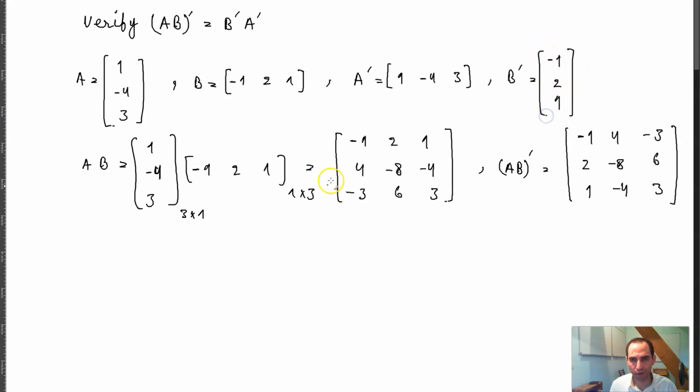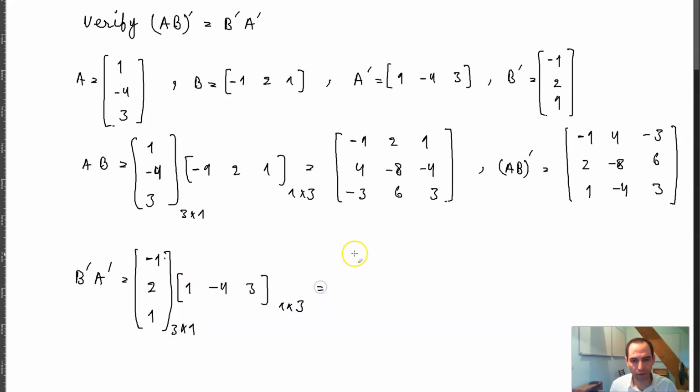Then B prime times A prime is equal to negative 1, 2, 1 times this matrix, which is 1, negative 4 and 3. This is a 3 by 1 matrix and this is a 1 by 3 matrix, so we'll get a 3 by 3 matrix.